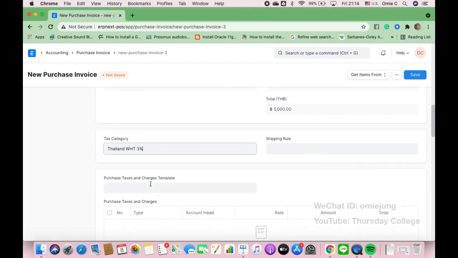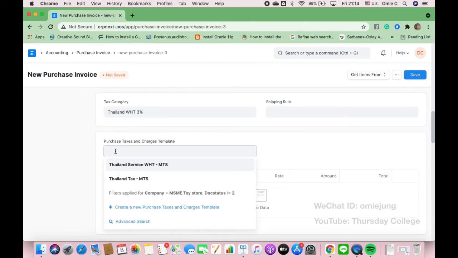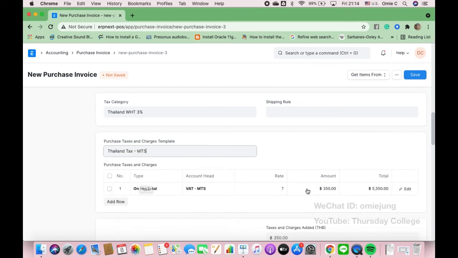Like I told you, this one is different because you cannot put the Thailand service withholding, because that one is for individuals, which means you charge only 3%, right? So do you need another taxes and charges template? No need, because you use the Thailand tax for 7% VAT.